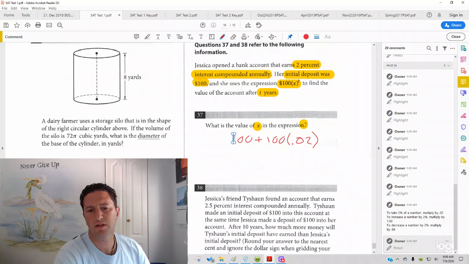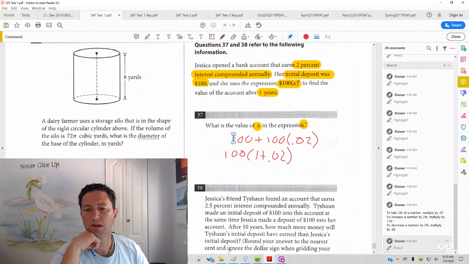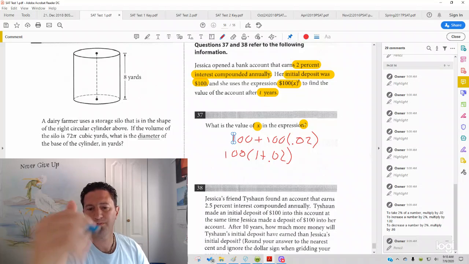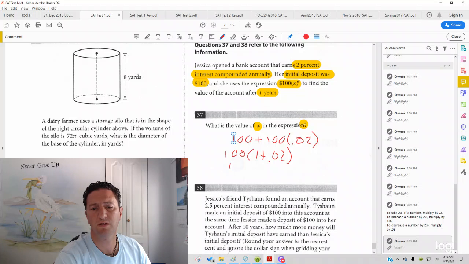Now, notice the greatest common factor between these two is 100. So if I pull out 100, I put 1 plus 0.02 in parentheses. Notice if I distributed that 100, it would be the same as the top equation. So you could do this in one step by multiplying 100 by 1.02.